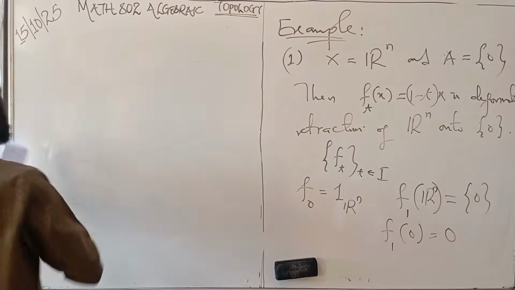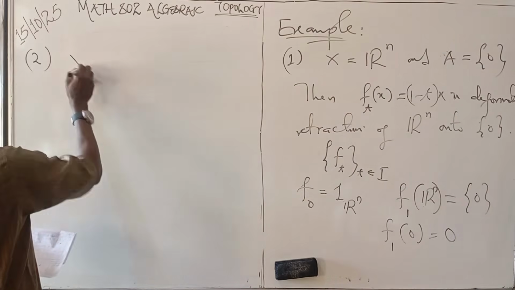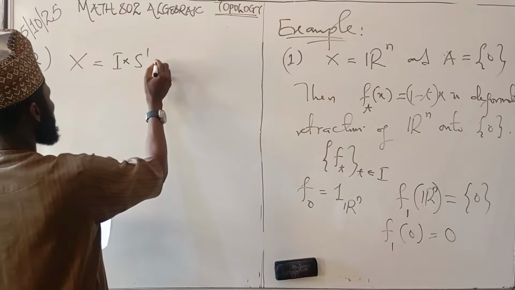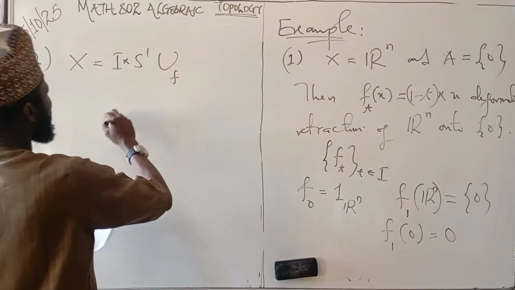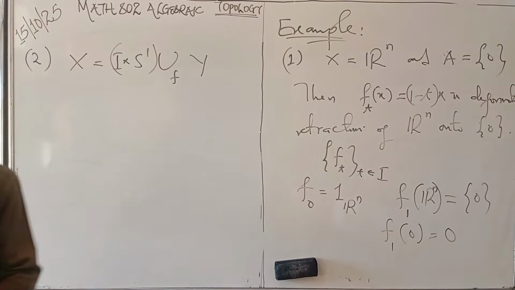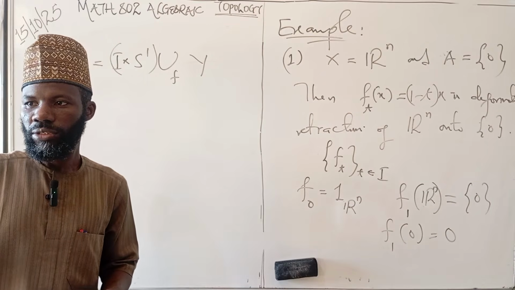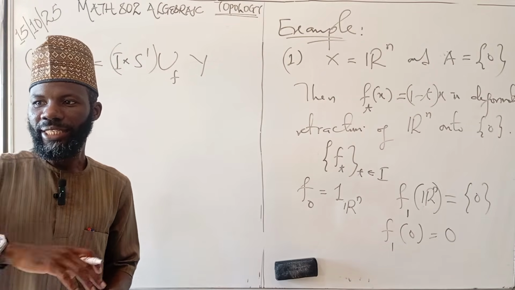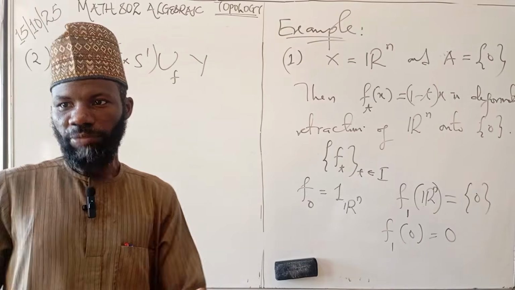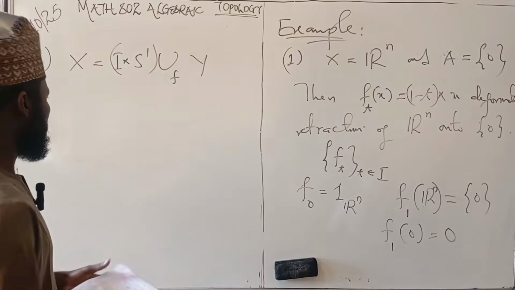Okay? Number 2, you remember this space X, I cross S1 union over F, Y. You remember this space? The adjunction space obtained by attaching the cylinder to Y along this mapping F. We took A to be our subset and attach.